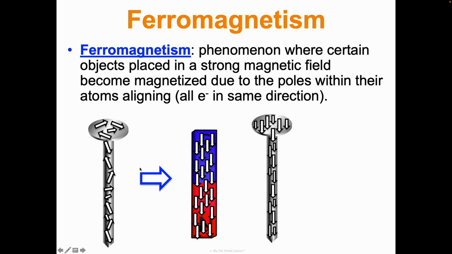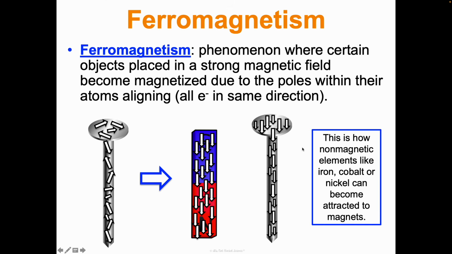Okay, so for example, pretend this is just like a non-magnetic element like iron, an iron nail. All the domains are not aligned, so it's not showing any attraction or repulsion to any magnet. But if you get it next to a strong enough magnet, it will then orient itself and then be able to have the property of magnetism.